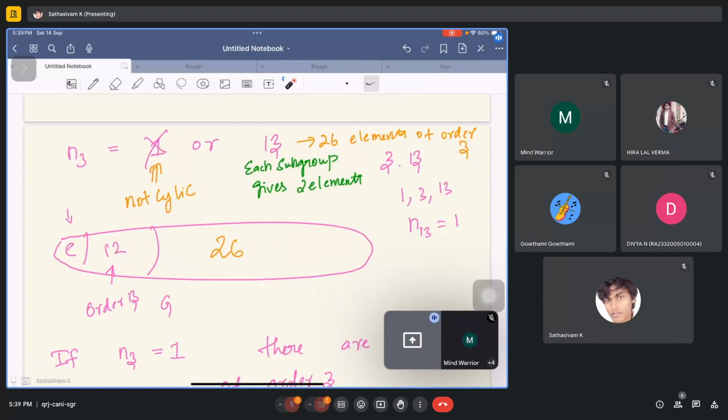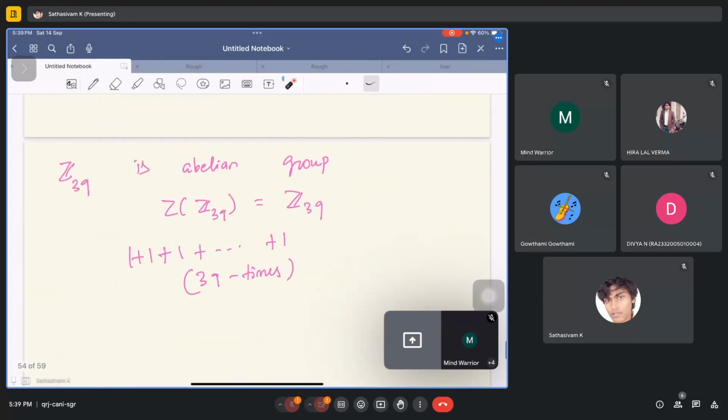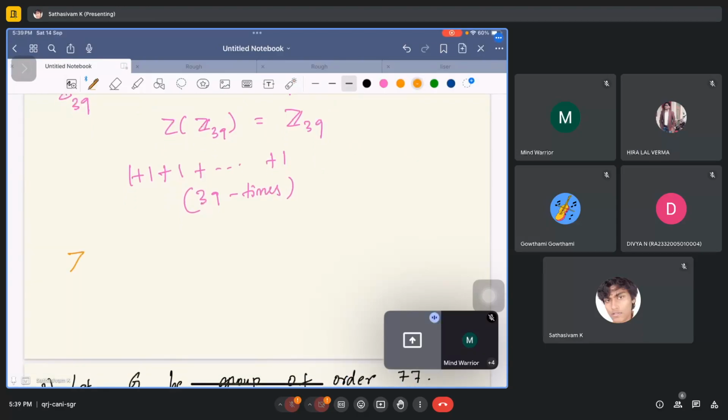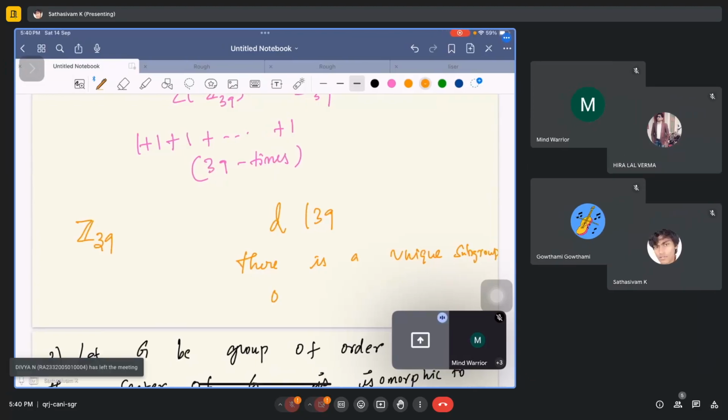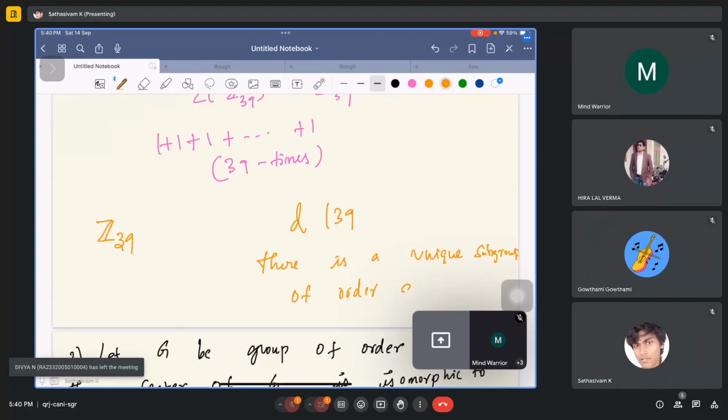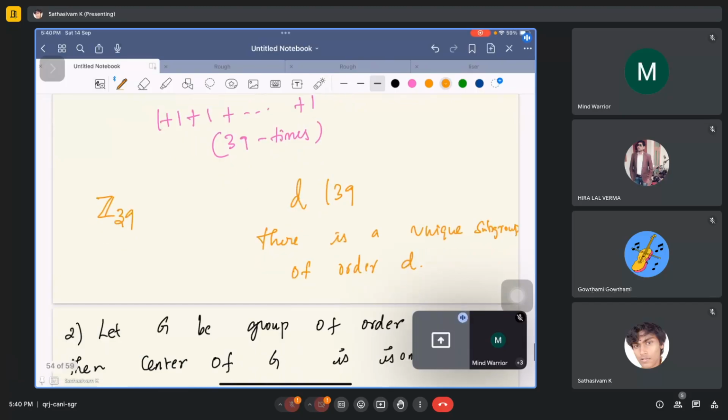Let's say if you take the cyclic group, then what happens? In Z39, you remember the fundamental theorem of cyclic groups, right? It says that if D divides 39, there is a unique subgroup of order D. So that means 3 divides 39, so N3 is actually 1.